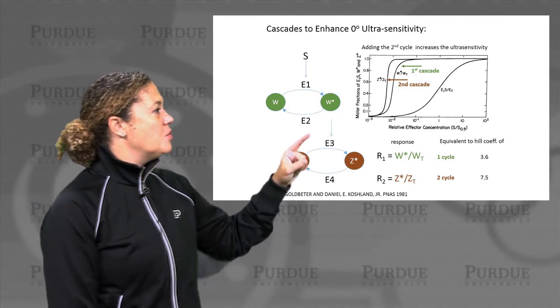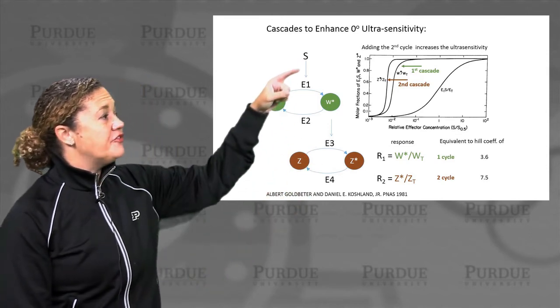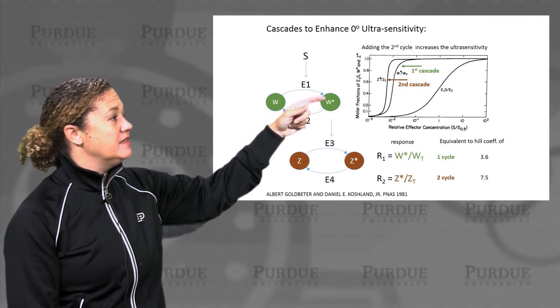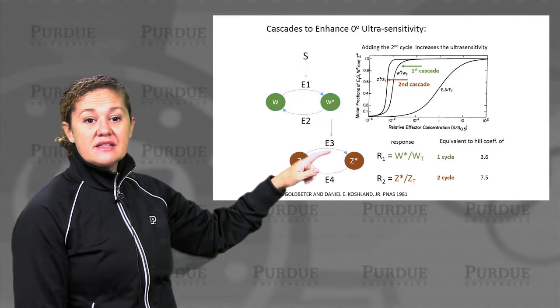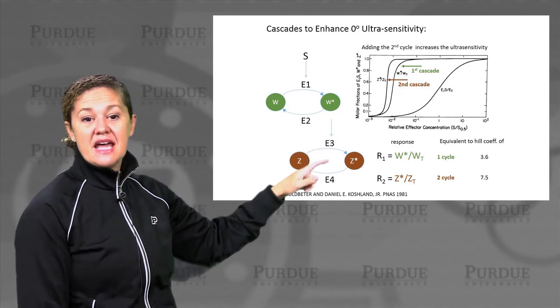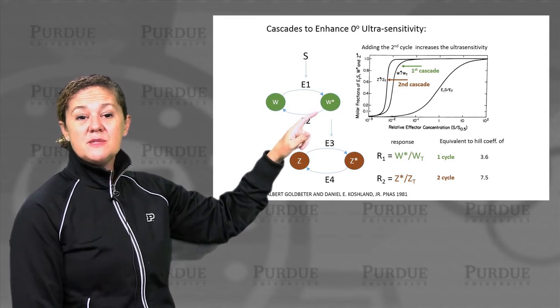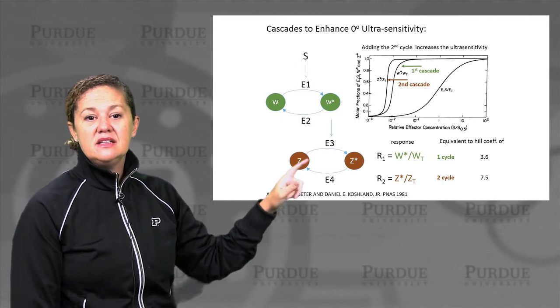And this comes from one of their papers in 1981, looking at a cascade of these zero-order sensitivity systems. You can see when we add a second cascade, our phosphorylated protein actually modulates the enzymatic activity in our next cascade. So our response becomes the signal to the second circuit.